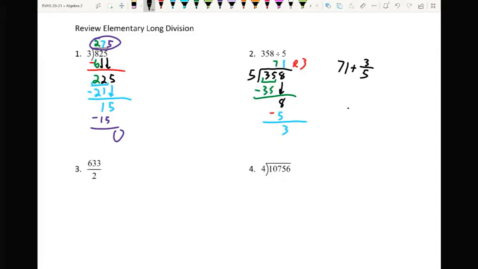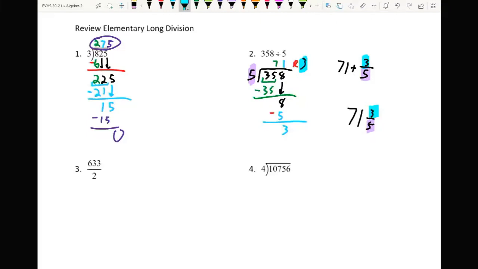Now I realize we should just write that as a mixed number, 71 and 3/5, but the important thing is the divisor is going to be the denominator. So that's what's going to go over there. Also, our remainder is what ended up on top.